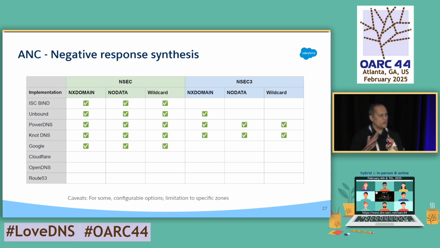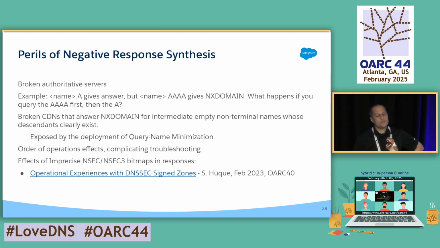When I spoke to some of the other folks, I got miscellaneous answers about why they don't do it. Some of them just haven't gotten around to it or don't consider this as important. But one of them explicitly told me that they are very wary of these techniques because of broken servers out there and what the impact is, which brings me then to the next point.